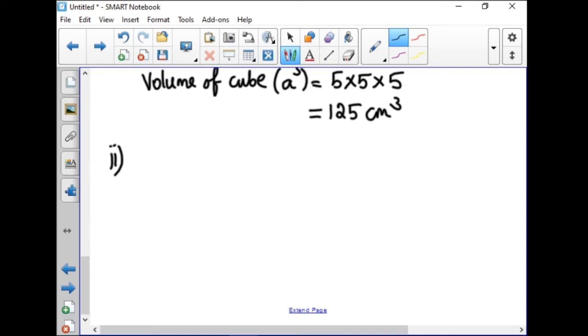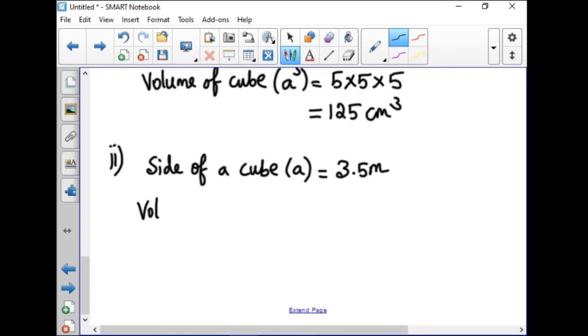Then second subdivision, 3.5 meter. Again side of a cube, that is a, is equal to 3.5 meter. Then volume of cube, a cube.